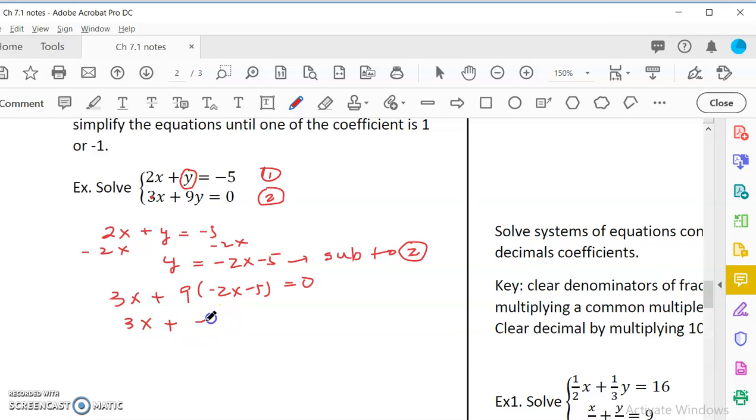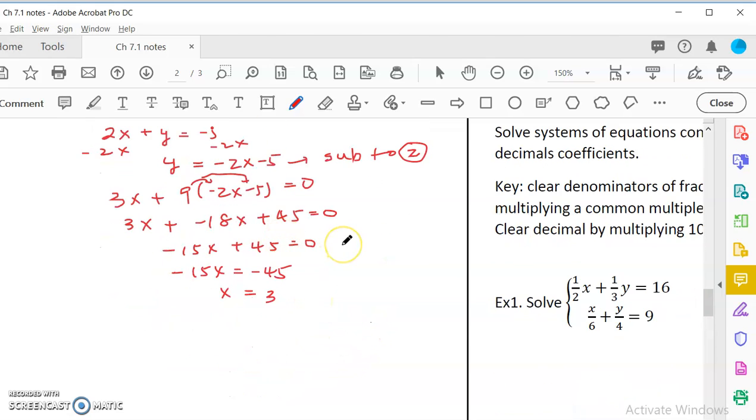3x plus negative 18x plus 45 equal to 0 after you distribute, right? And then I would have negative 15x, combining like terms, plus 45 equal to 0, or negative 15x equal to negative 45 if you put the 45 on the other side, and then you divide, x would equal 3, right?